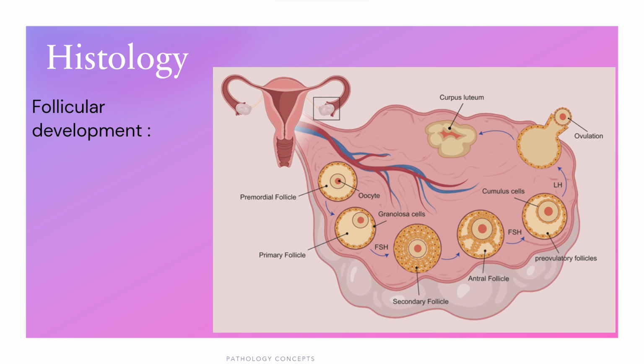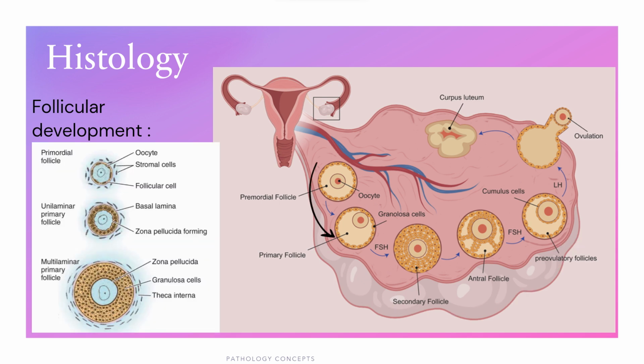It takes approximately 1 year for a primordial follicle to mature before ovulation. Most of this time is spent in the gonadotropin independent phase. Gonadotropin independent growth relies on local growth factors, beginning with the maturation of the primordial follicle and ending before the follicle develops a fluid filled space.